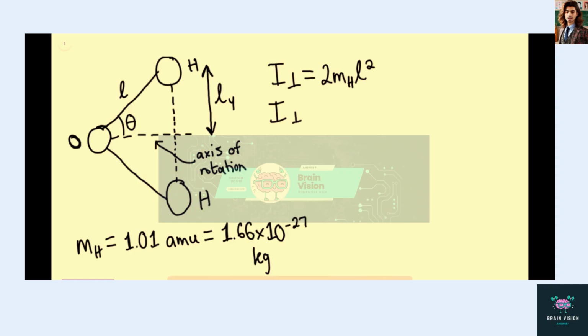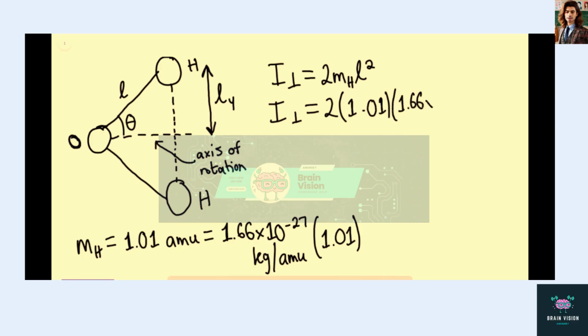Therefore, I perpendicular would be equal to 2 times 1.01 atomic mass units, where 1 atomic mass unit is 1.66 times 10 to the negative 27th kilograms per atomic mass unit. So this would be 2 times 1.01 times 1.66 times 10 to the negative 27th kilograms, multiplied by that length of 0.96 times 10 to the negative 9th meters, quantity squared.